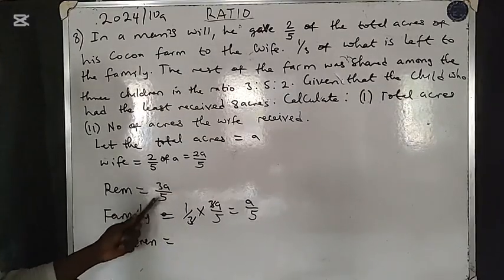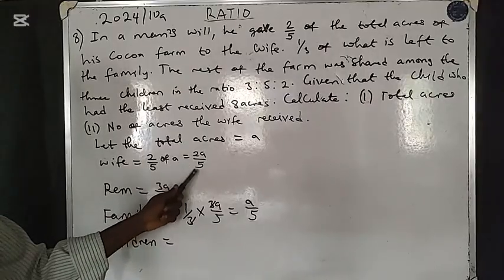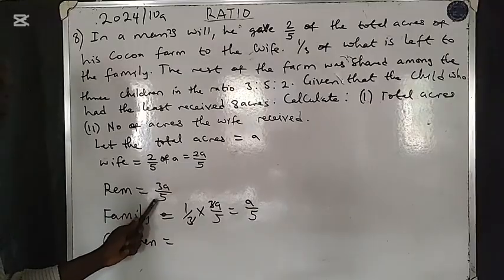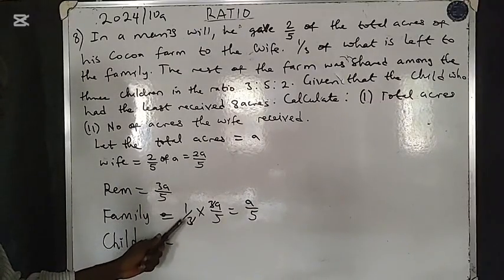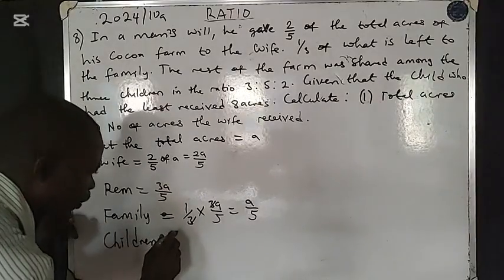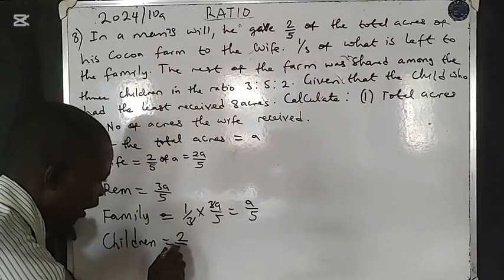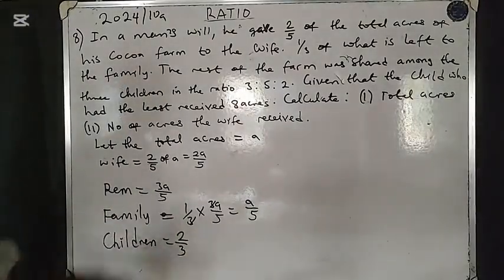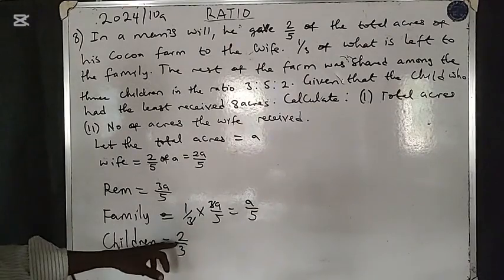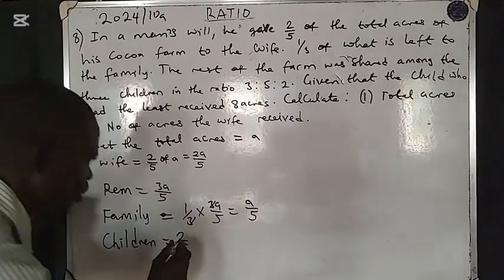Out of the remainder, after the wife has got 2 out of 5, it remains 3 out of 5. Out of this 3 out of 5, family got 1 out of 3, right? Then the children will get the remainder, 2 out of 3. Why? Because family has got 1/3 of this. Then it will remain 2/3 of this, right?